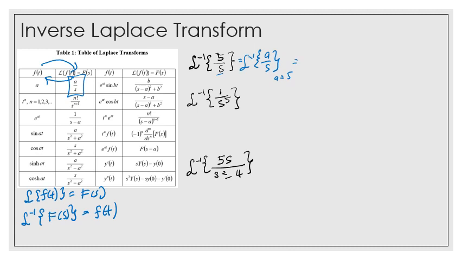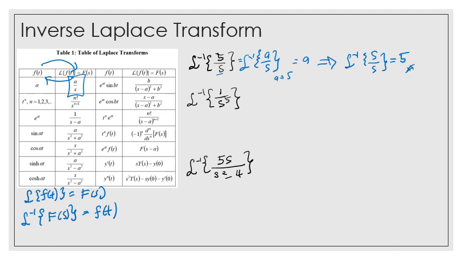So that means the inverse Laplace of a over s is equal to a. So the inverse Laplace of 5 over s is actually equal to 5.